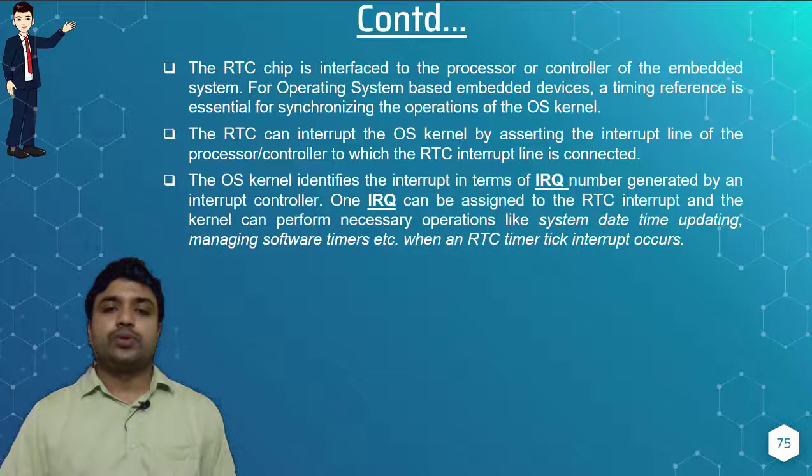The response from the RTC section to the OS kernel is identified in terms of an IRQ, that is, an interrupt request number generated by an interrupt controller. One IRQ can be assigned to the RTC interrupt, and the kernel can perform the necessary operations.